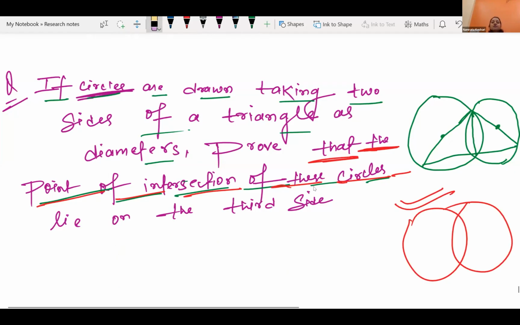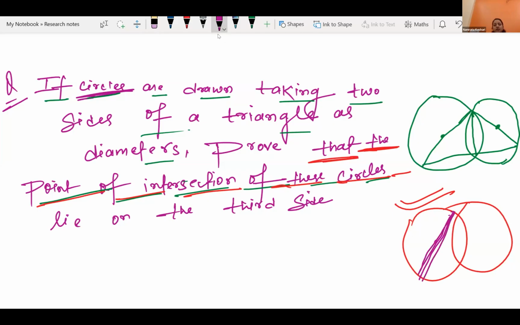Now let's read it from the very beginning. If circles are drawn, taking two sides of a triangle as a diameter. Okay. So in the first circle, there must be a diameter. Suppose this is the diameter.